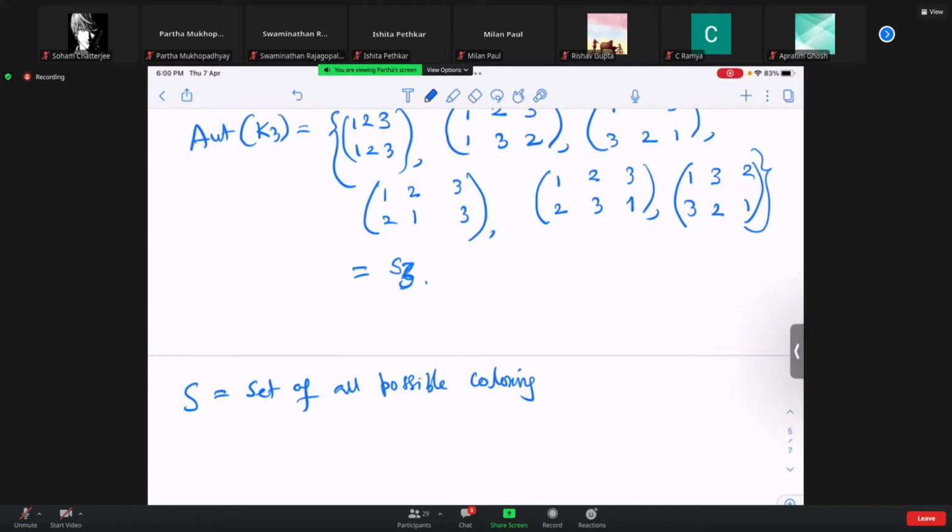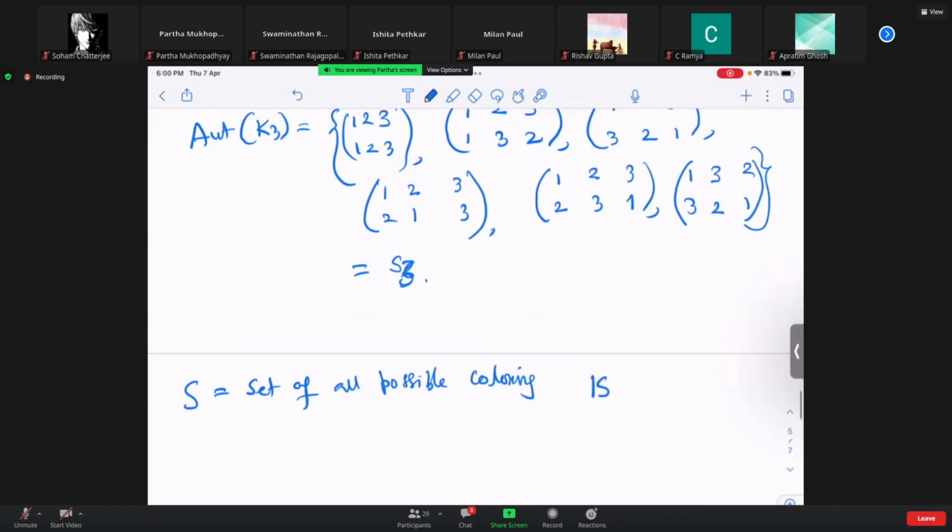Right? So what is that number? Any edge can be colored in 4 ways. So the cardinality of S is 4 to the power 3. It's 64. So this is the set.